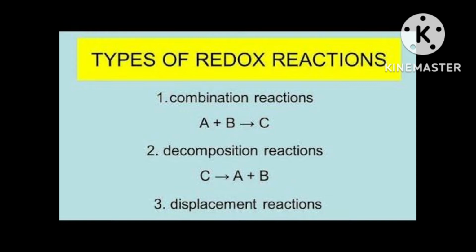Either A or B or both A and B must be in the elemental form for such a reaction to be a redox reaction.